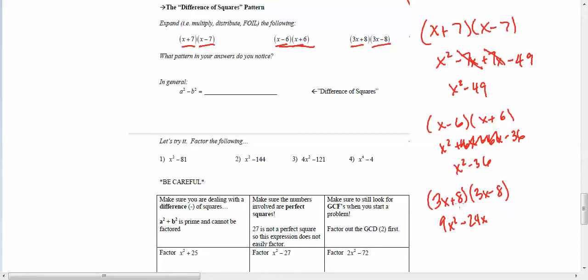Got it? The inners would be plus 24x, and the last would be negative 64. No surprise to you, the negative 24x cancels out with that positive 24x. That should be pretty straightforward, right? I mean, we've seen that happen 3 times already. So I've got 9x squared minus 64.